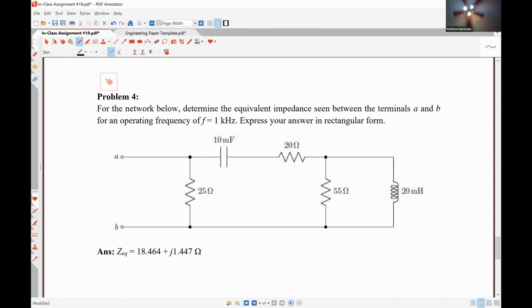In addition to that lecture on phasor relationships, impedance, and admittance, I will post a video about an introduction to steady state sinusoidal circuit analysis.